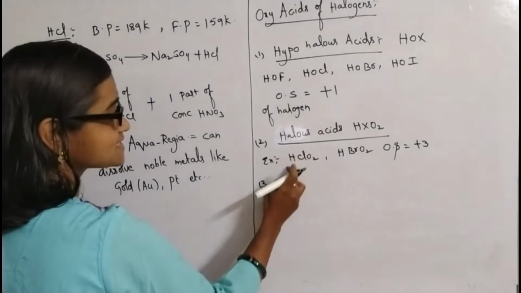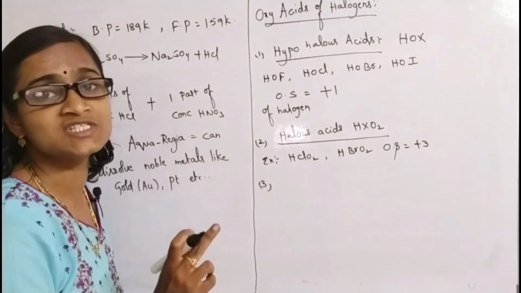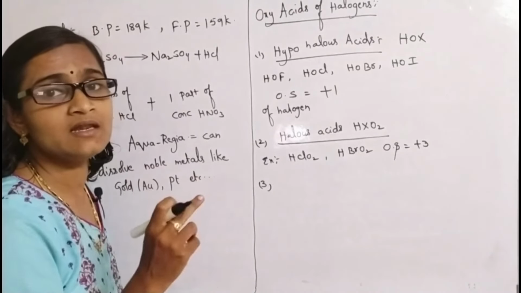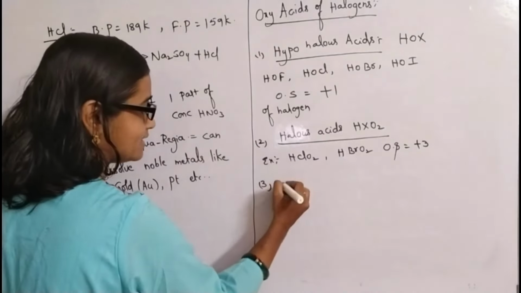The suffix "ous" stands for the lower oxidation state, and "ic" is for the higher oxidation state. Remember that.